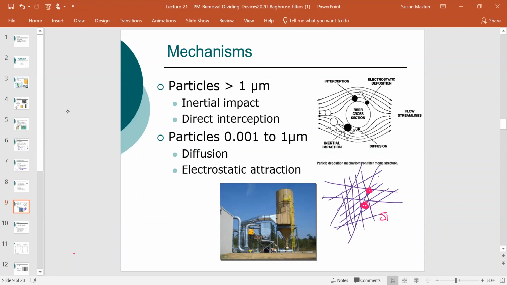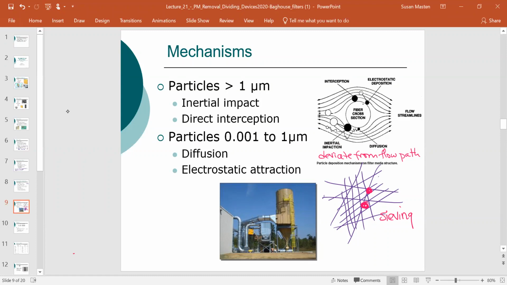So inertial impact, they're the big particles, not as big as those removed by sieving, but they deviate from the flow path. And the really small particles are removed by diffusion.